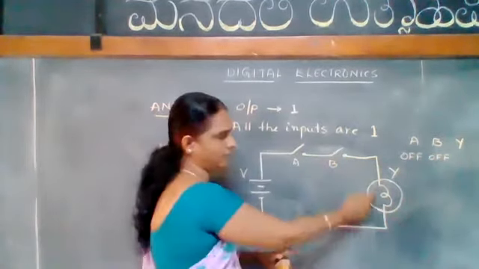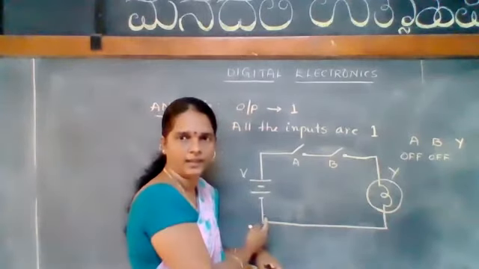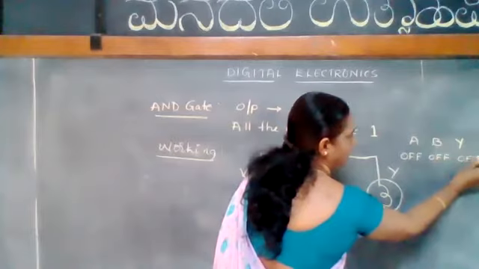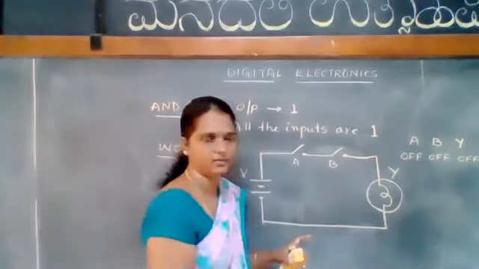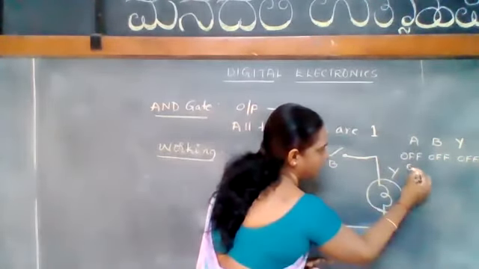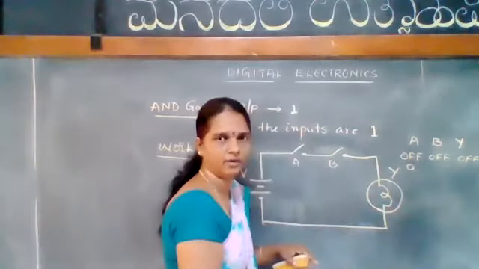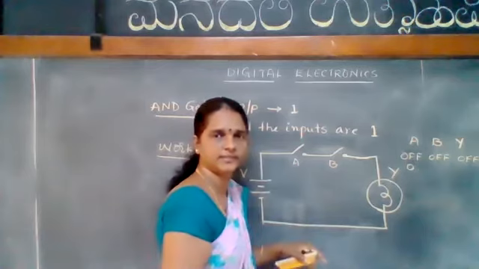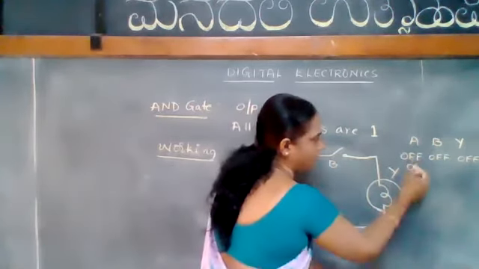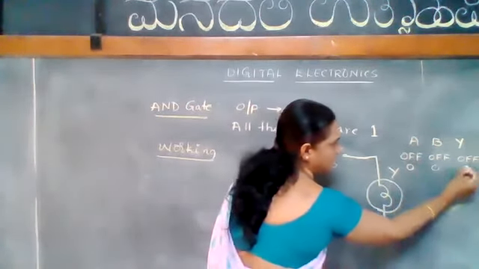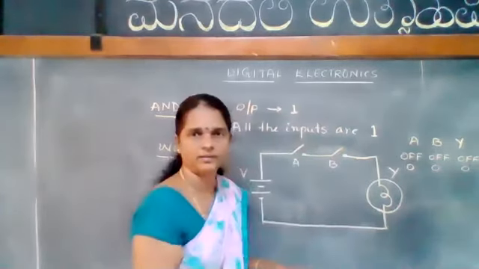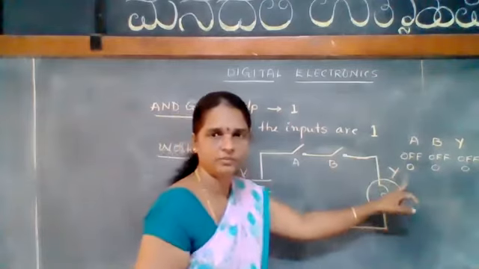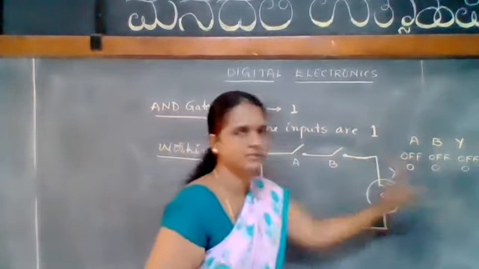Definitely no current flows through the lamp, therefore the output will be at off state or 0 state. In digital notation, off, low, or 0 are all the same. So when both the switches are off, 0, 0, the output is 0.